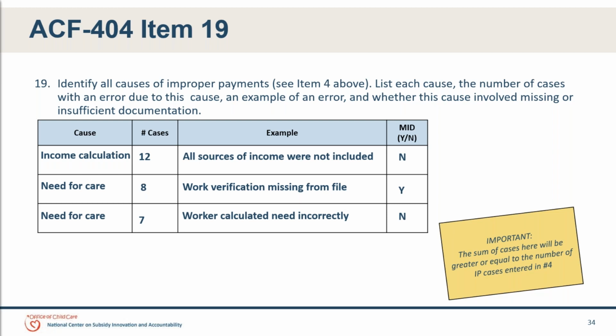For example, the worker calculated needs incorrectly. There was no missing documentation. It was just a worker error with calculation. So it's the same cause or category, need for care, but if it's a MID error and a non-MID error, we want them separated out. Make sure those end up on different rows.